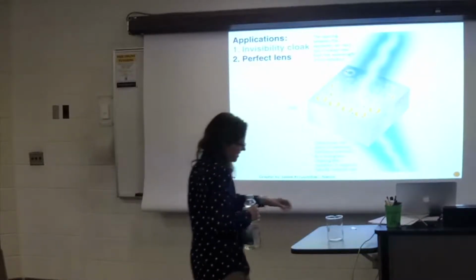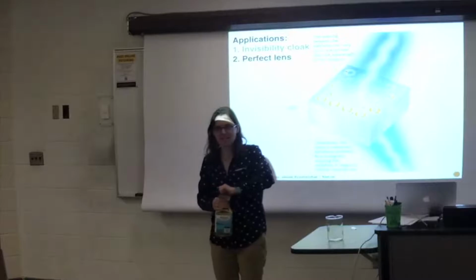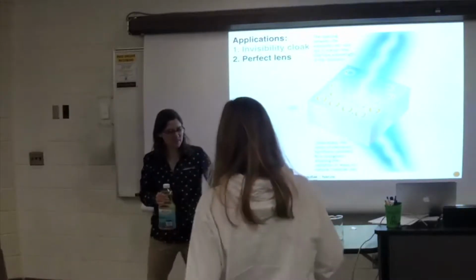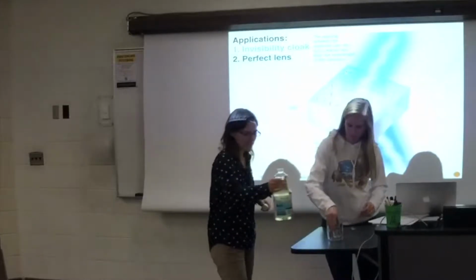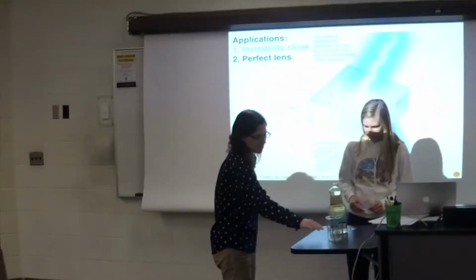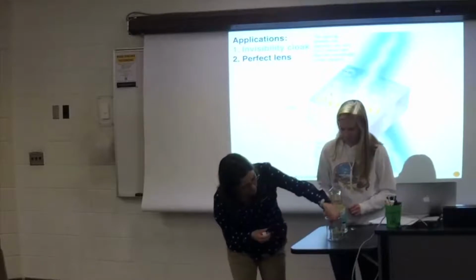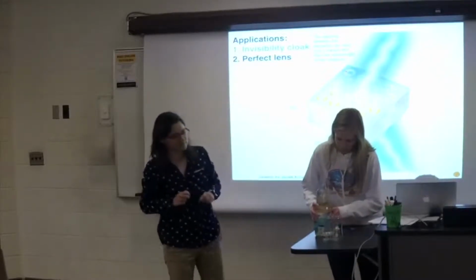Okay, so you can make the beaker disappear. Maybe you stand behind the beaker so everyone can see. Great. Put the little beaker inside the big beaker. Great. And then pour the oil in until it totally covers the little beaker.